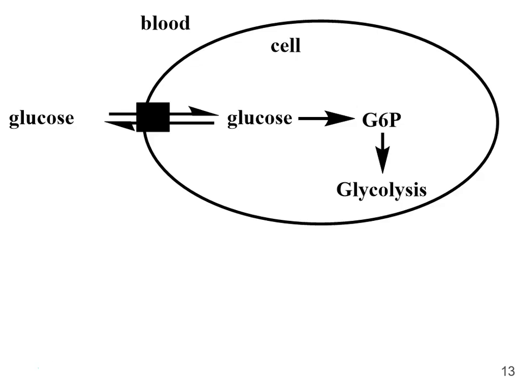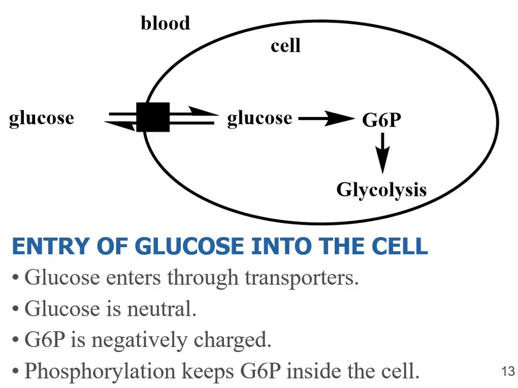So here's a visual. When glucose enters the cell, the very first thing that happens is that it is phosphorylated to glucose 6-phosphate, and then it enters glycolysis. Glucose enters the cell through glucose transporters. Glucose is neutral, and by phosphorylating the glucose to glucose 6-phosphate, we put a -2 charge on it.